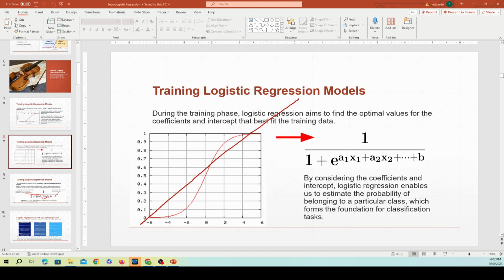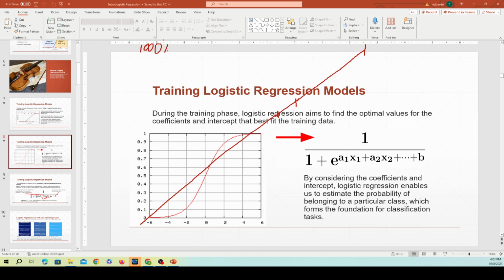As you can see, this line would never be able to represent the probability. Why? Because probability is usually ranged between 0 and 1, and you cannot have a probability of more than 1. This could keep going forever and say that you have a probability of 1,000.